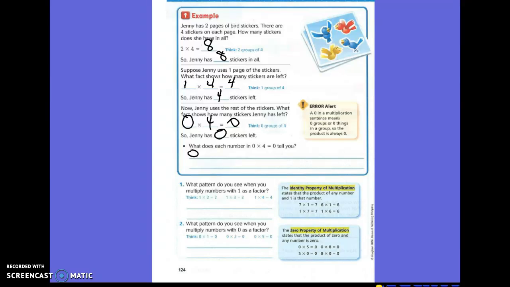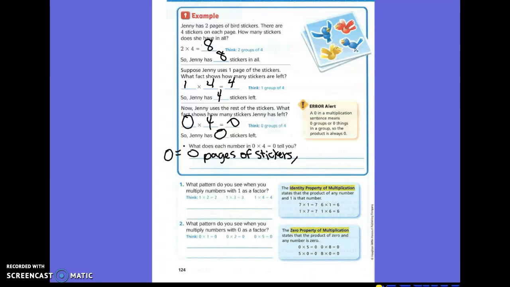There are 0 pages of stickers. I'm going to put 0 equals 0 pages of stickers. I just kind of added it to the front there. Okay, comma.